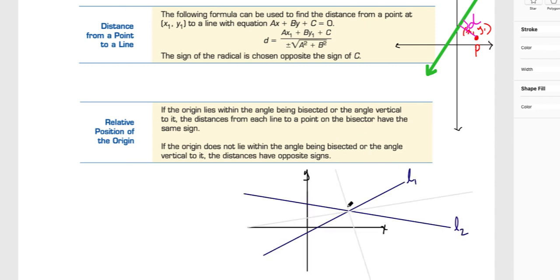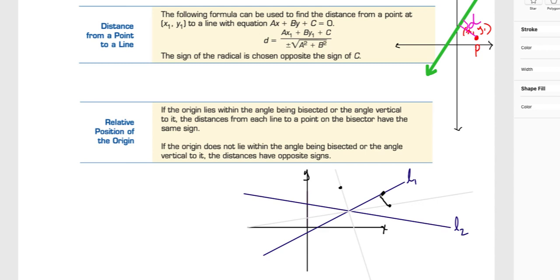For instance, you have the coordinate axes here, and you've got these two lines, L1 and L2, that intersect each other. What this rule is telling us is we have a way of thinking of a point on one of these bisectors. The bisectors are really faint, I hope you guys can see them.